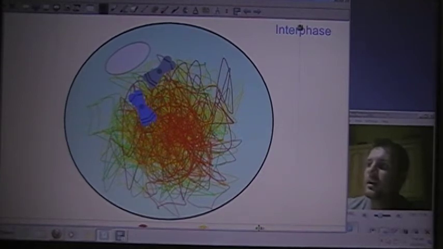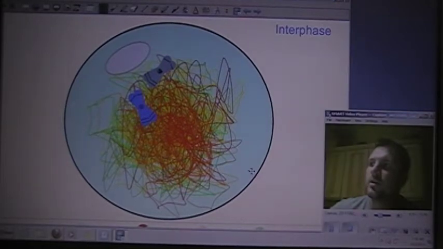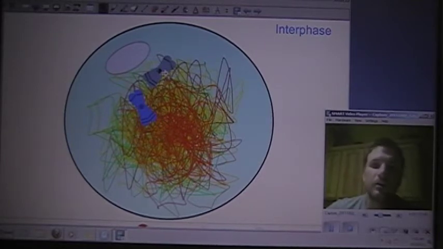Now, looking at this point right here, where I'm marking on the blue, we see that that's the centromere, and all these have a centromere. That's the middle, that bridge that puts the two chromatids together.